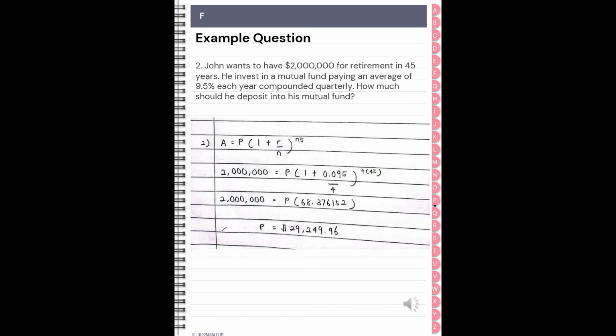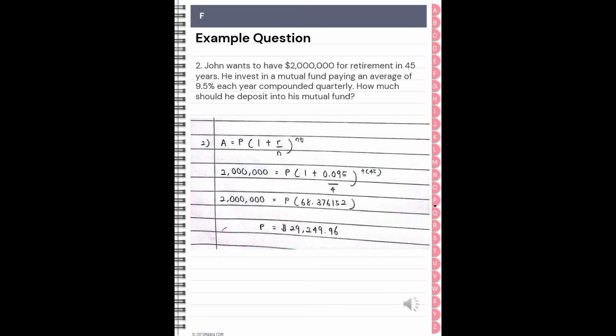0.095 divided by 4 is 0.02375, and 4 times 45 is 180. So P times 68.376152. So to solve for P, one needs to divide both sides by 68.376152.